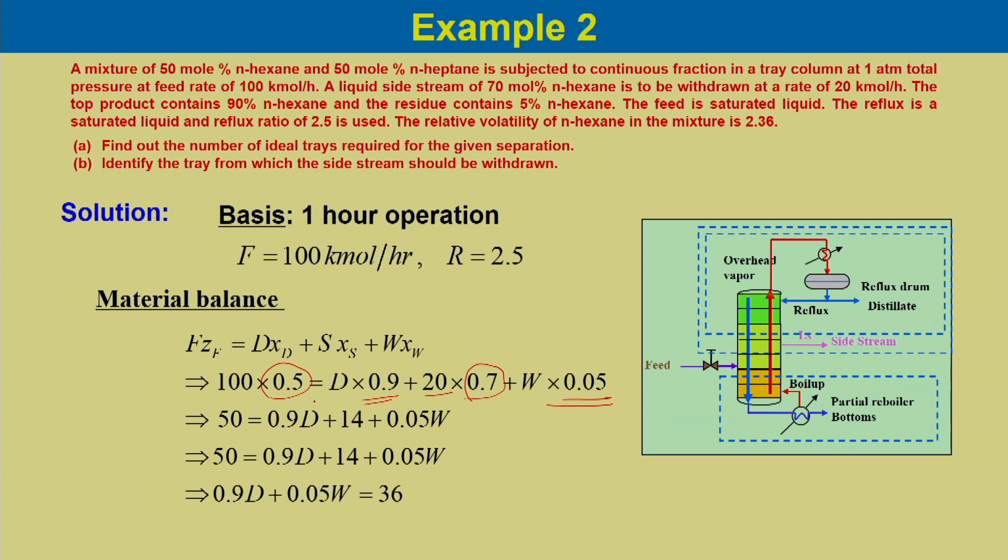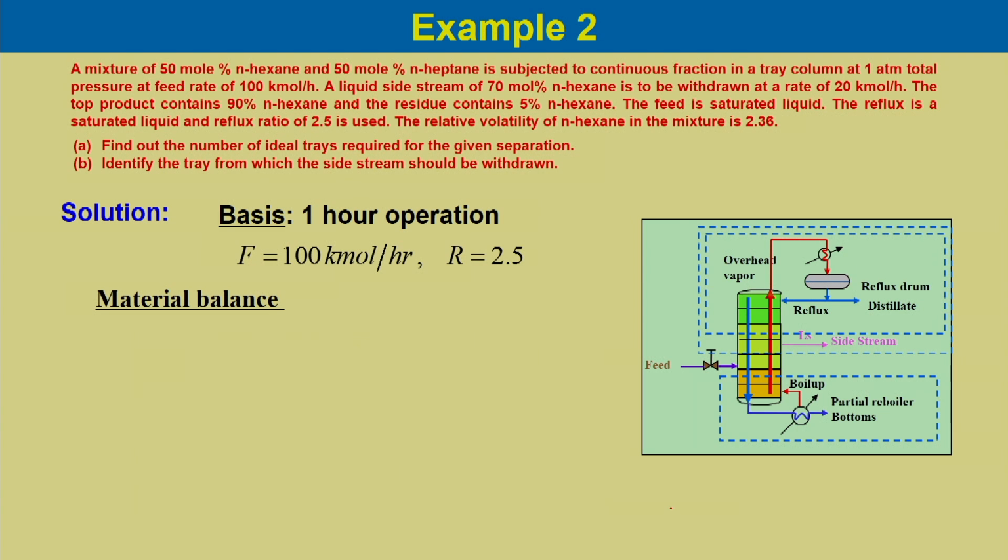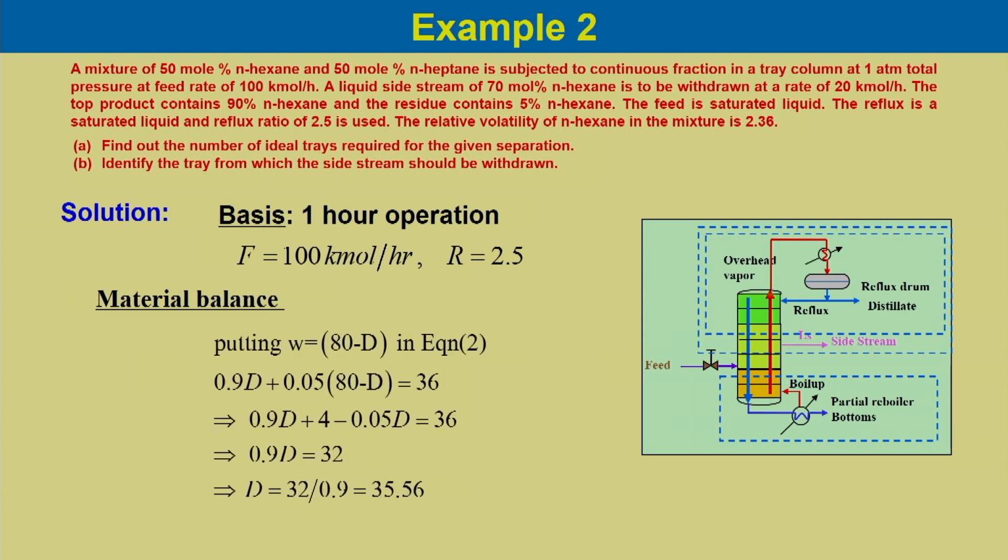So, if we do the balance equations, it would be 0.9 D plus 0.05 W equal to 36. So, this is the material balance equation relating distillate and bottom product, and putting in the total material balance, we can get distillate is about 35.56 kilomole per hour.